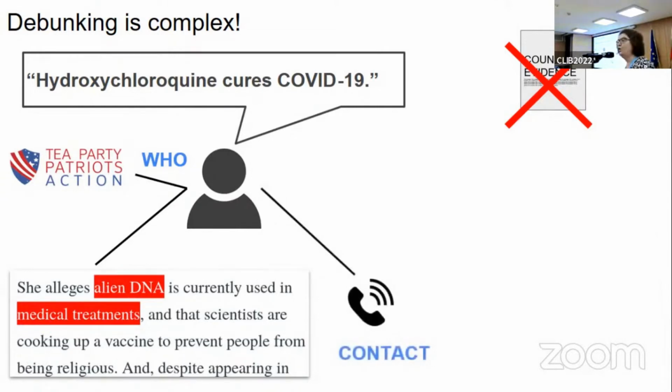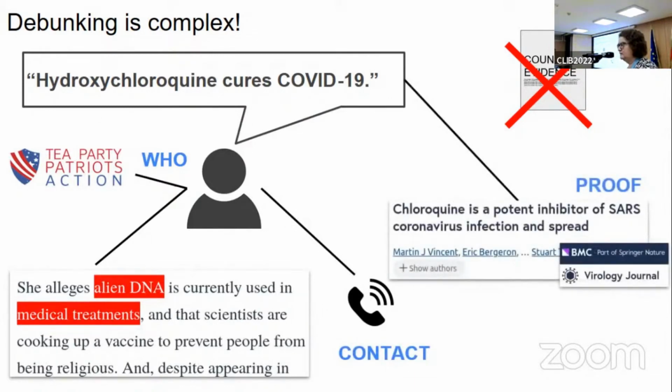Then they even call those people, just to get somebody on the phone to speak to. And then they also, of course, look at the information available in scientific repositories like Medline or similar ones.